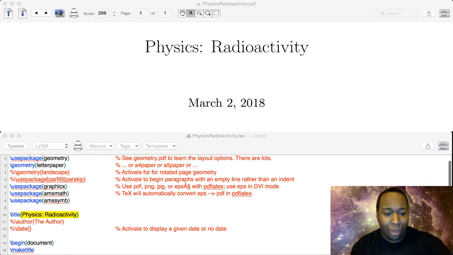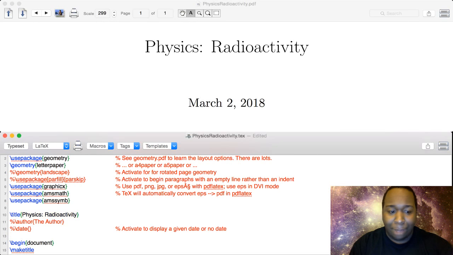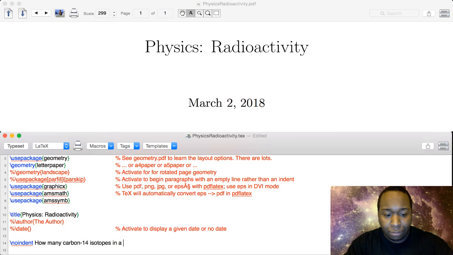I've been talking for way too long, so I need to hurry up. All right, so no indent. How many carbon 14 isotopes in a 200 pound person?